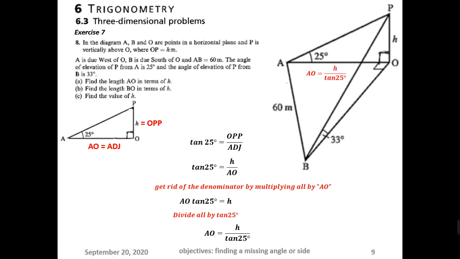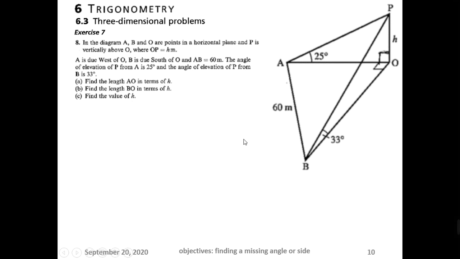So we found AO is equal to H over tan of 25. Let's move to the second part of the question, which is finding BO. The side BO or OB is unknown. Accordingly, we're going to use triangle POB, or we can name it BOP, to work out the length of OB in terms of H. And that's the sketch.